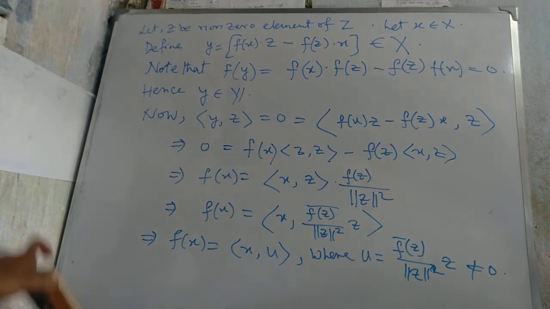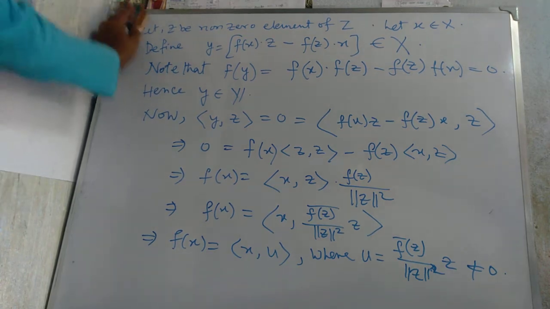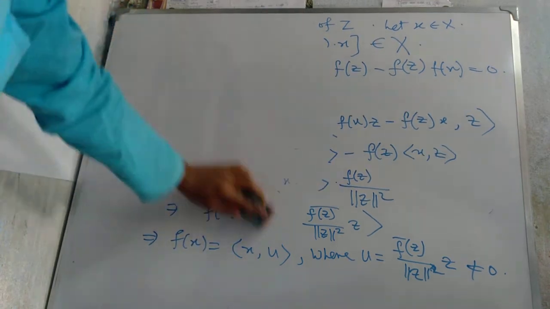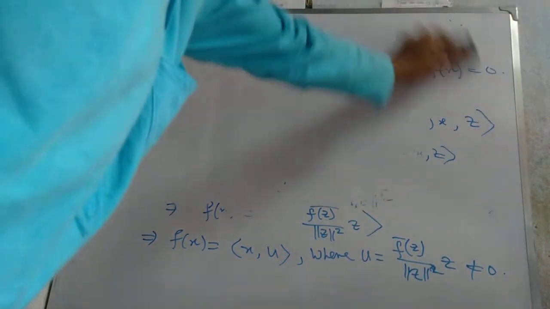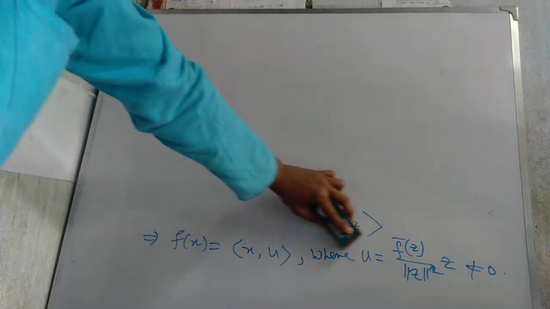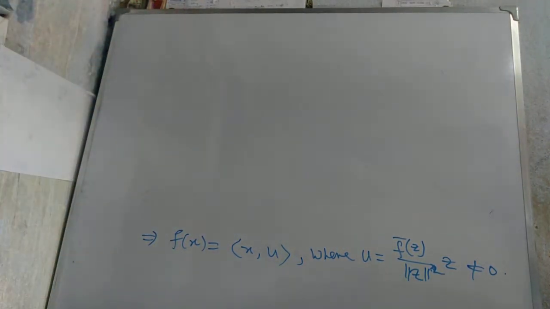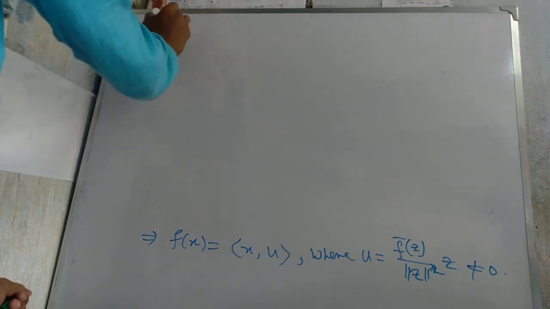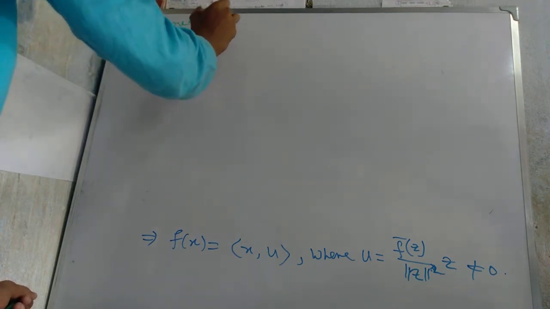Now we are going to prove the uniqueness of u. We erase our portion and go to the uniqueness of u. So we write here, uniqueness of u.